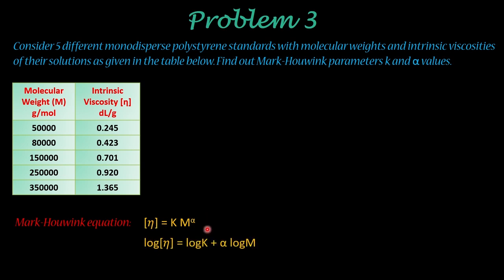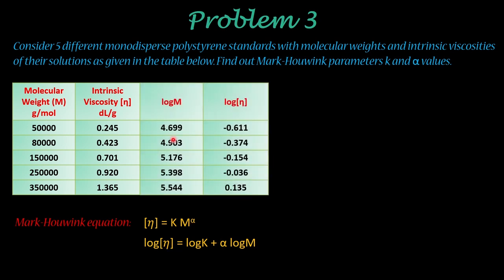So if we take log on both sides, we'll get log eta equal log K plus alpha multiplied by log M. Now to calculate log M, we have to take the logarithm of molecular weight. So log of 50,000 is 4.699, log of 80,000 is 4.903 and so on. And then to find out log eta, we have to take the logarithm of intrinsic viscosity.